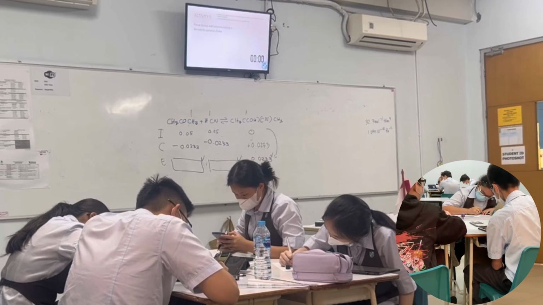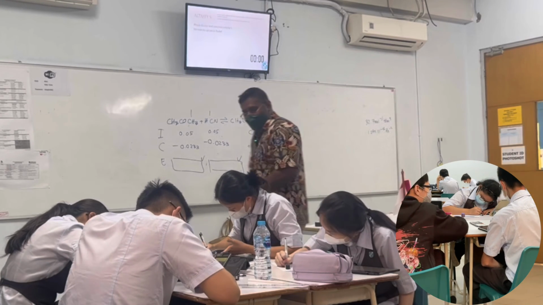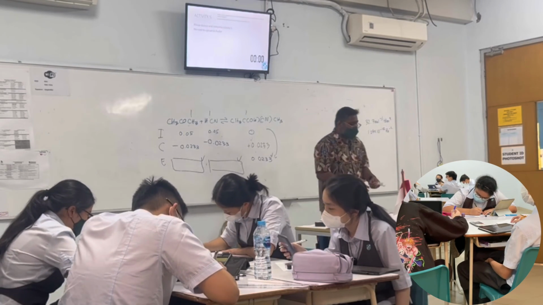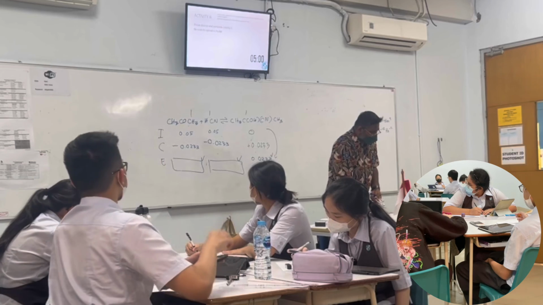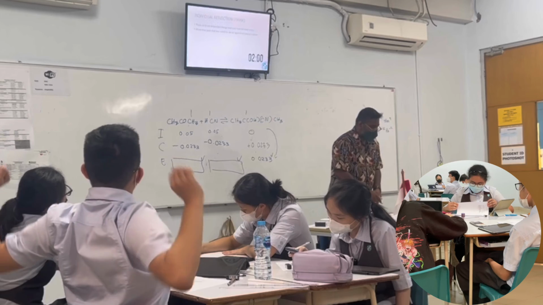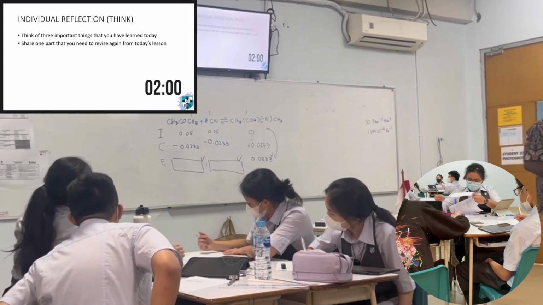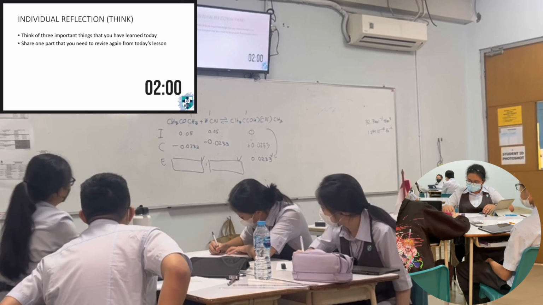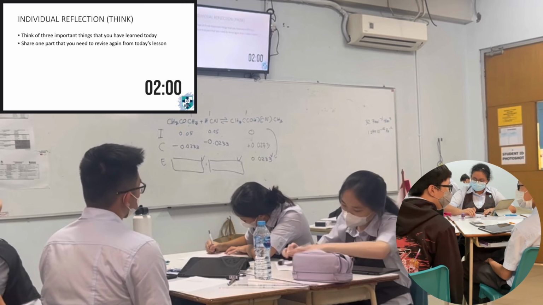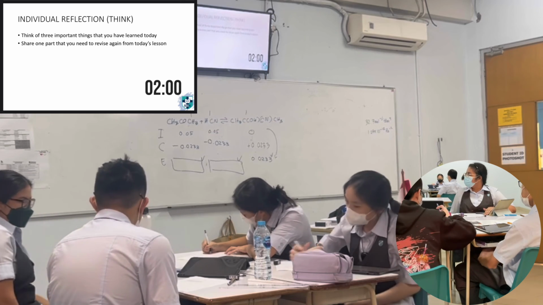Okay, guys. So now, you can continue the calculation later, yeah? I think some of you are doing activity 6 already. Now, guys, everyone listen up over here. The next thing that I want you to do is this. Each of you, I want you to think of 3 important things that you studied today, and 1 important thing that you think you still have problem with and need to revise.